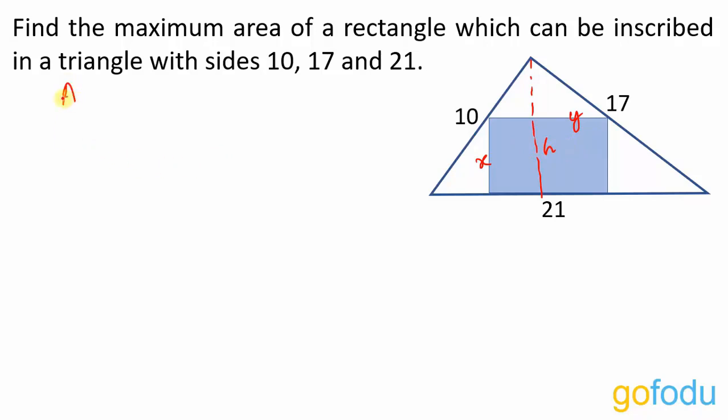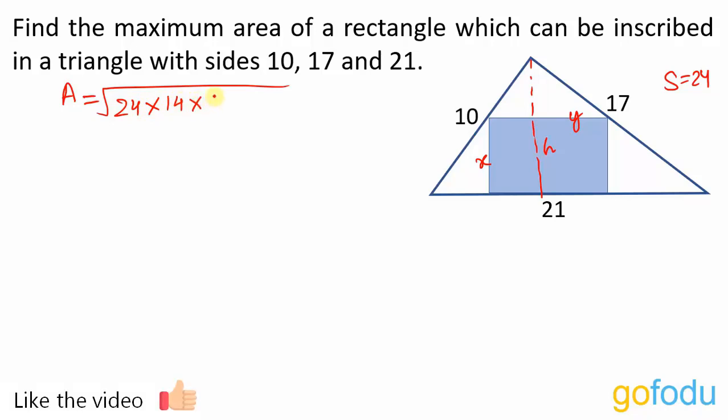So area of triangle by Heron's formula would be root of s into s minus a into s minus b into s minus c. S is semi-perimeter, that would be 10 plus 17 plus 21 upon 2, that is 24. S is 24. Area is root of 24 into 24 minus 10 is 14, 24 minus 17 is 7, 24 minus 21 is 3, and this will come out to be 84 units, 84 square units.